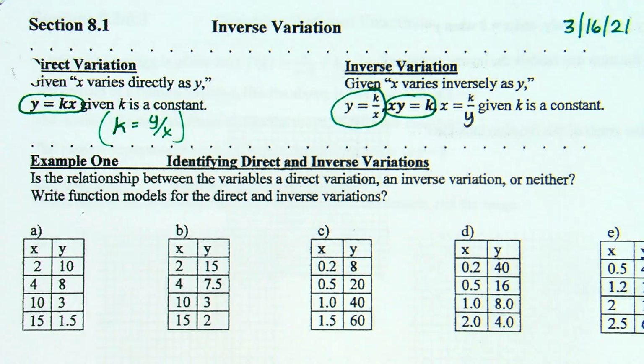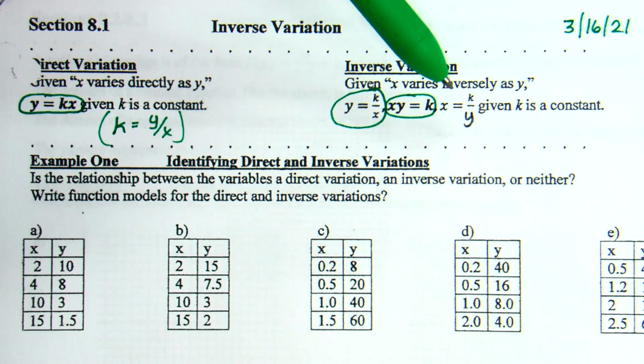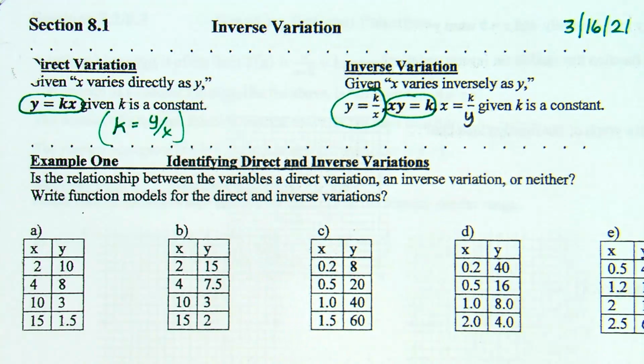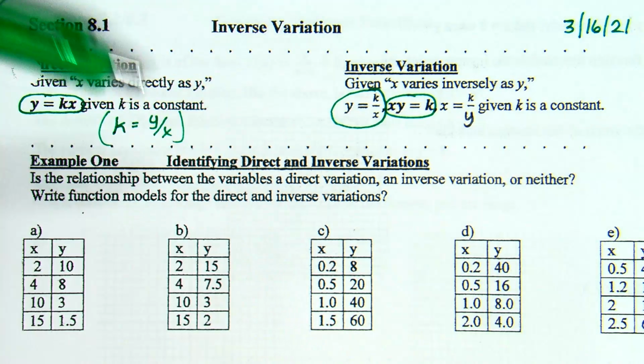Now, there is a third one there, and on your notes there's a typo. It should say, you'll notice it's already corrected on my notes, but it's x equals k over y. If you notice your notes say x equals k over x, what happened to the y? We need a y in there, okay? So that is another equivalent equation. I'll be honest, we don't usually use it though. Okay, but it is an equivalent equation that could work depending on the situation.